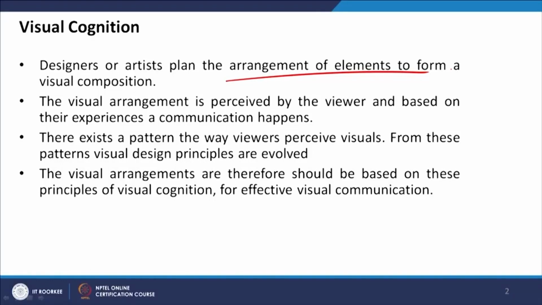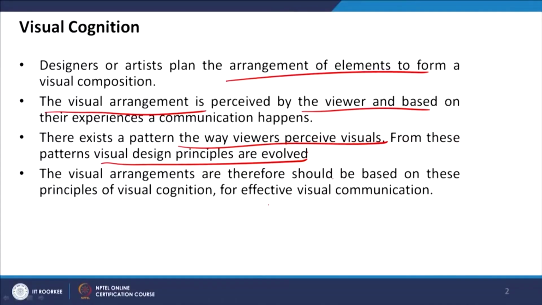So first, designers, artists create a plan of arrangement of visual elements which form a visual composition. Now the next phase is the visual arrangement or the visual composition is perceived by the viewer or the users, and then they create their mental perception, which is called mental model, and then they tally their mental model with their previous perception, and then they perceive the visual pattern, and the process of this perception is based on some visual cognition principles.